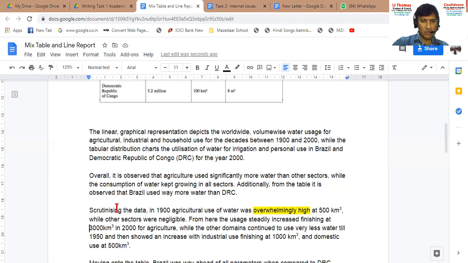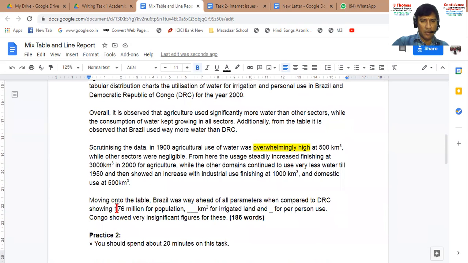Next, moving on to the table, Brazil was ahead on all parameters when compared to DRC, showing 176 million people for population, 26,500 square kilometer for irrigated land, and 359 cubic metre for per person use.